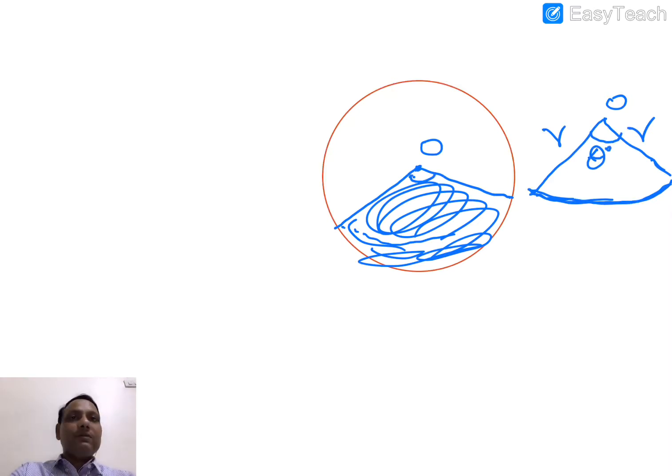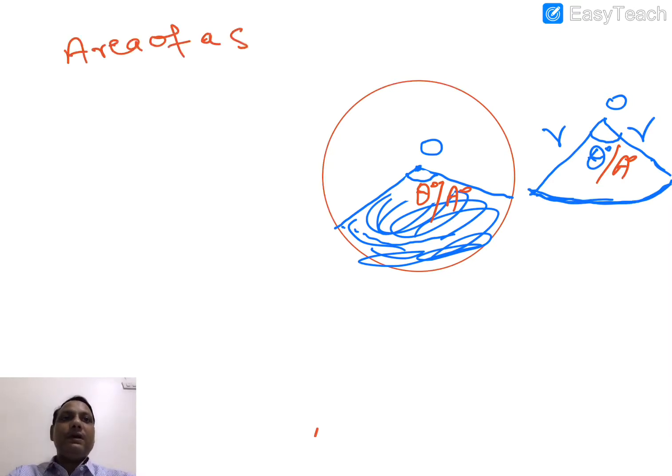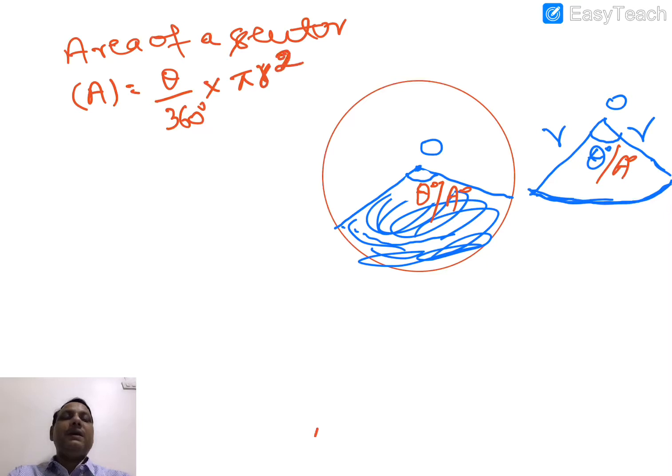This angle I'm going to call theta. So this is your theta in degrees, or people say A, it is up to you what you write. Now, the area of a sector A, I'm giving it a symbol, is equal to theta over 360 degrees times pi r squared.